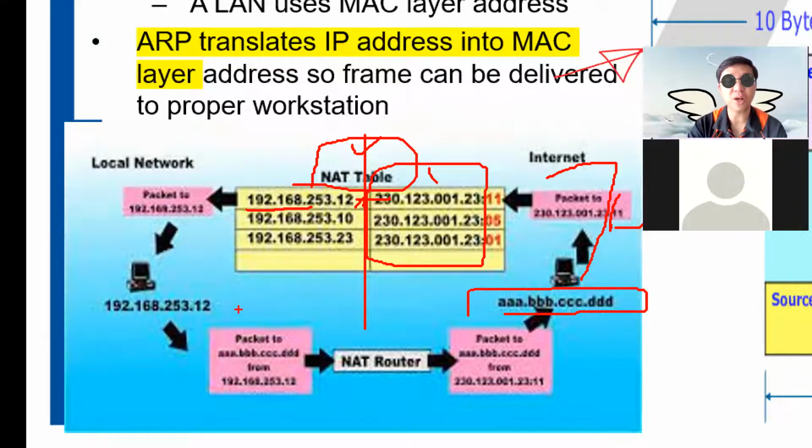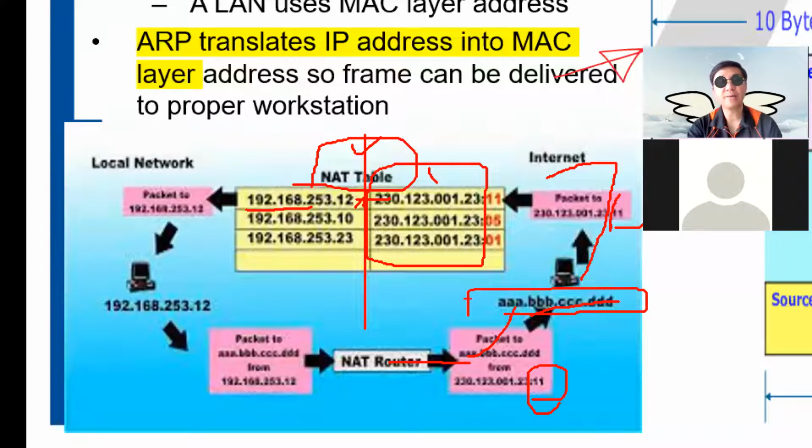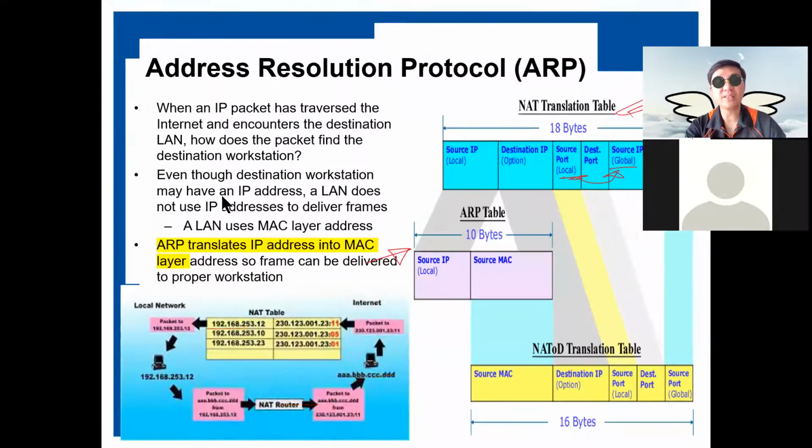So you will go to .12, and .12 will maybe reply back, and you will also put in the assigned number, so that when it receives, this guy will know it's supposed to be this number 11. That's why they will know. So that's one way where the address resolution protocol worked out.